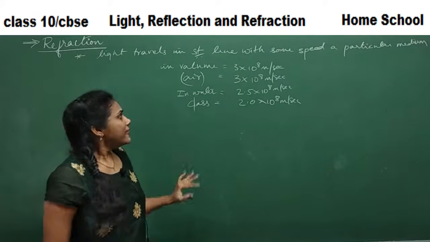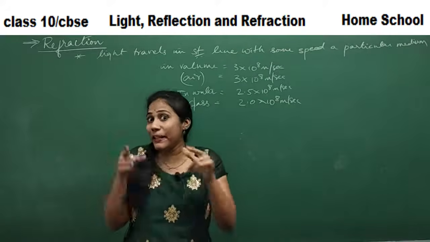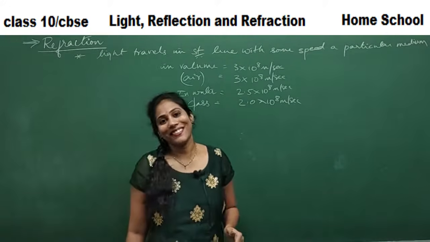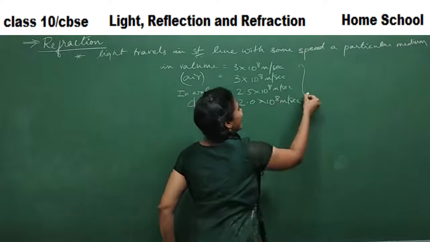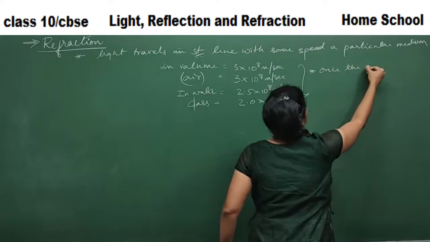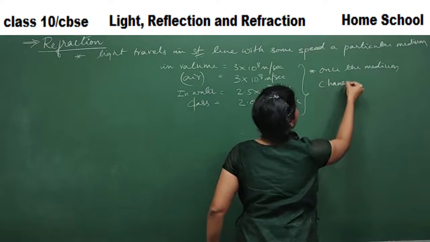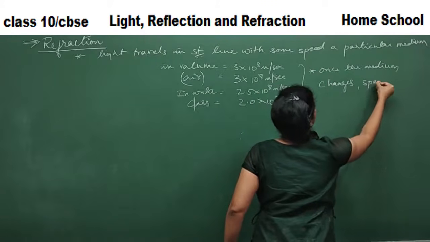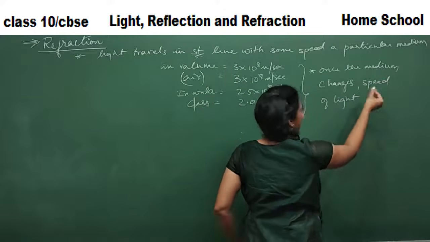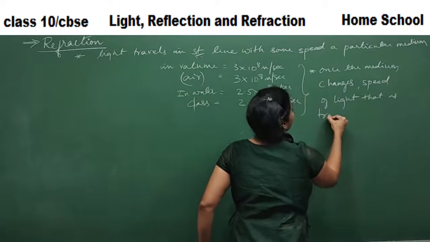Okay, fine. So when you have a difference in the speed of light once the medium is changed, the direction of light also changes, guys. So the second point that you have to remember is, once the medium changes, the speed of light that is traveling in a medium changes.